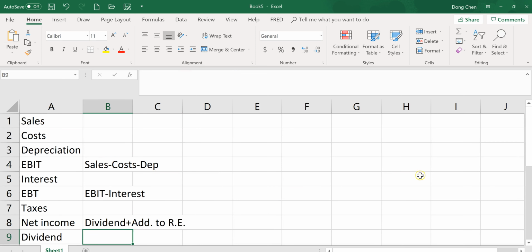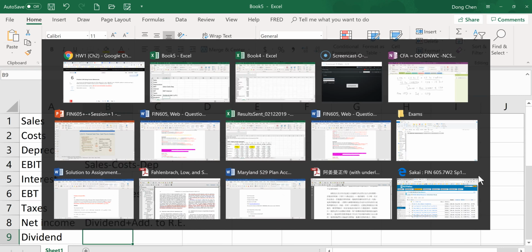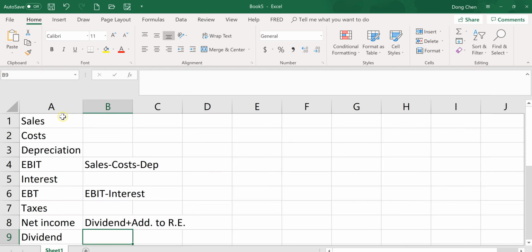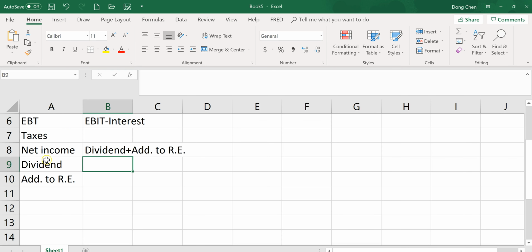So that's the basic structure of an income statement. Typically we go from the top, which is sales, to the bottom, which is typically net income. The bottom line of an income statement is net income.